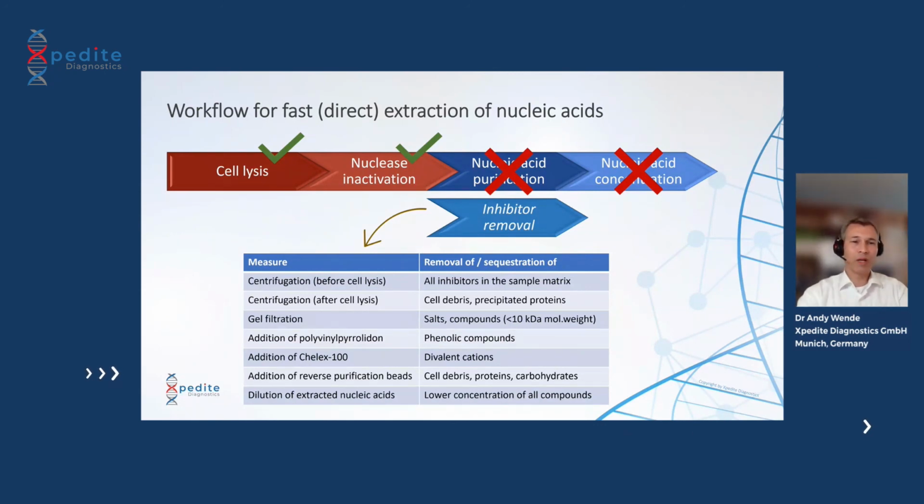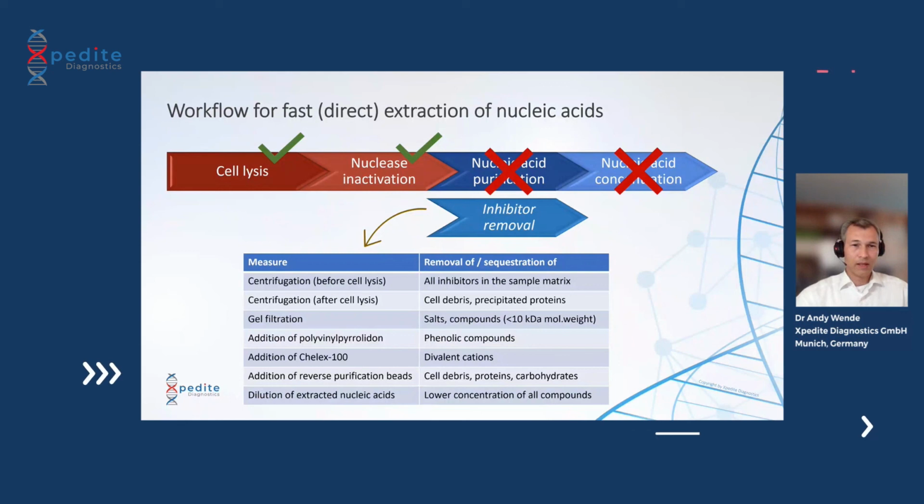Another way published is the addition of Chelex 100, which can bind divalent cations, which usually are important for DNase activity. And another way is the addition of so-called reverse purification beads, which basically bind cell debris and proteins and carbohydrates.